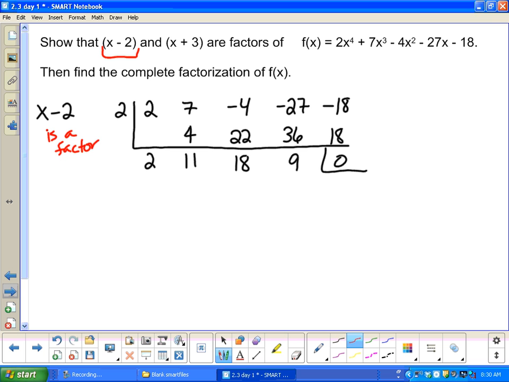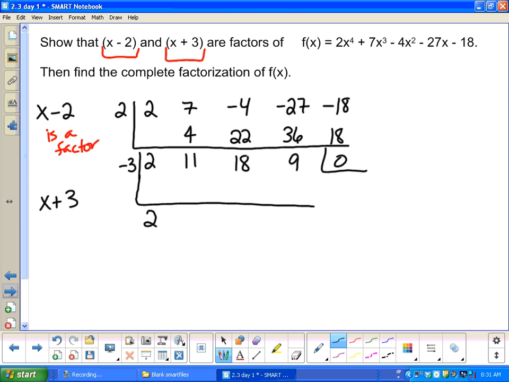Now let's look at show x plus 3. So I'm going to look at x plus 3. Well, what do I synthetically divide by? I'm going to synthetically divide by negative 3. But since x minus 2 is a factor, then x plus 3 has to be a factor of what's left in this box. So I can test x plus 3 on this part of the polynomial, using the 0 of negative 3.